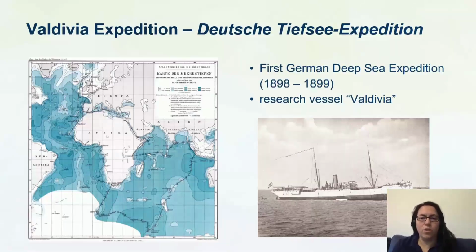Let's have a closer look at an example of a historic expedition. In this case, the first German deep sea expedition, known as the Valdivia expedition, that took place between 1898 and 1899. It is named after the research vessel with the same name that you can see here on the photograph.